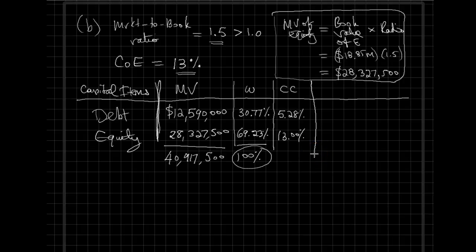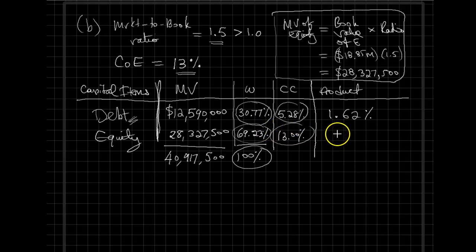And now in the final step, we need to have a look at their product here. The product of weight times cost of capital for the debt would be simply 1.62%. And the same calculation for the equity will yield 9%.